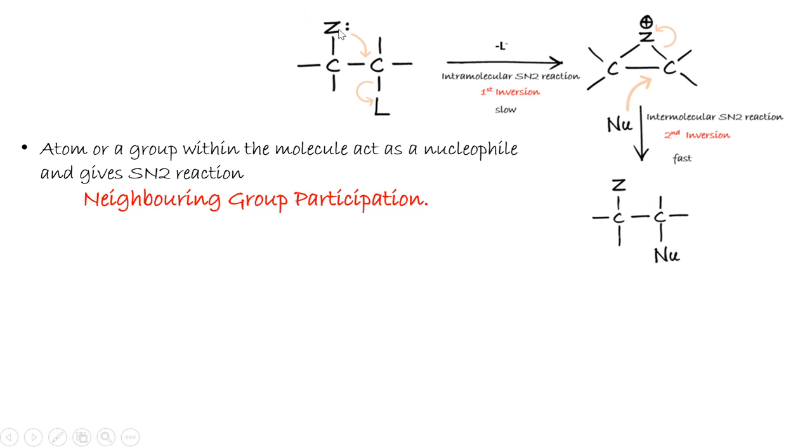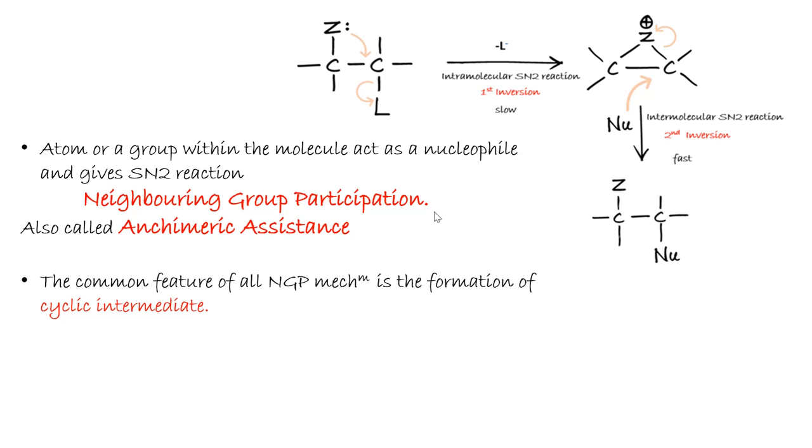It acts as a nucleophile and leaves out this leaving group. That's why we call it neighboring group participation, or you also call it anchimeric assistance. Here anchimeric means there is a neighboring group. So neighboring group assistance or anchimeric assistance.